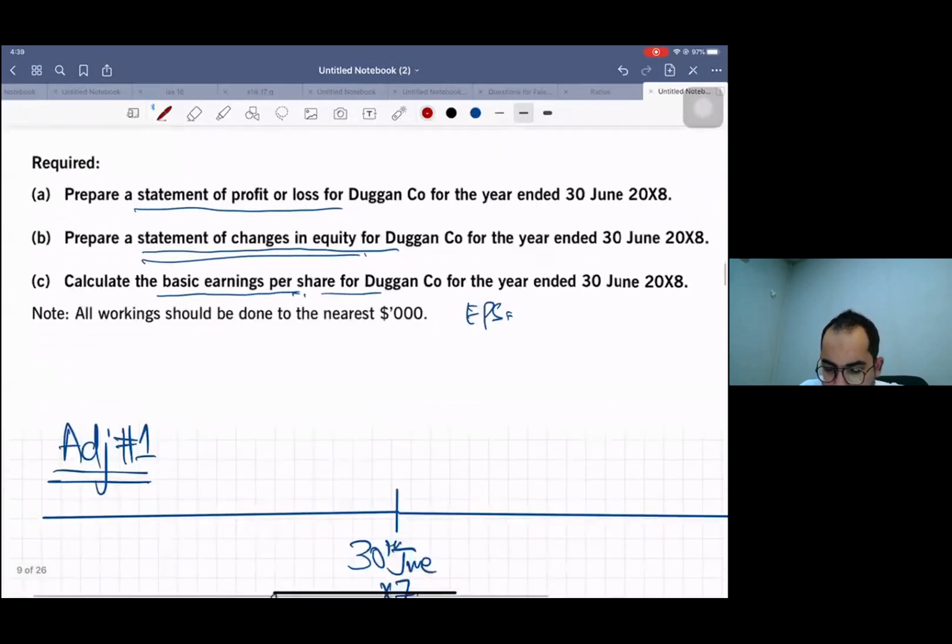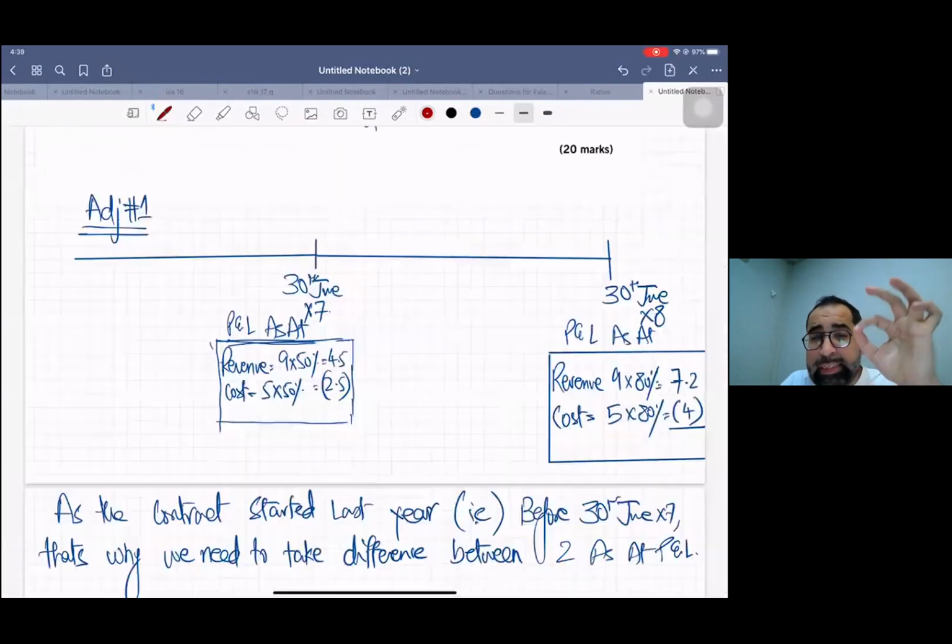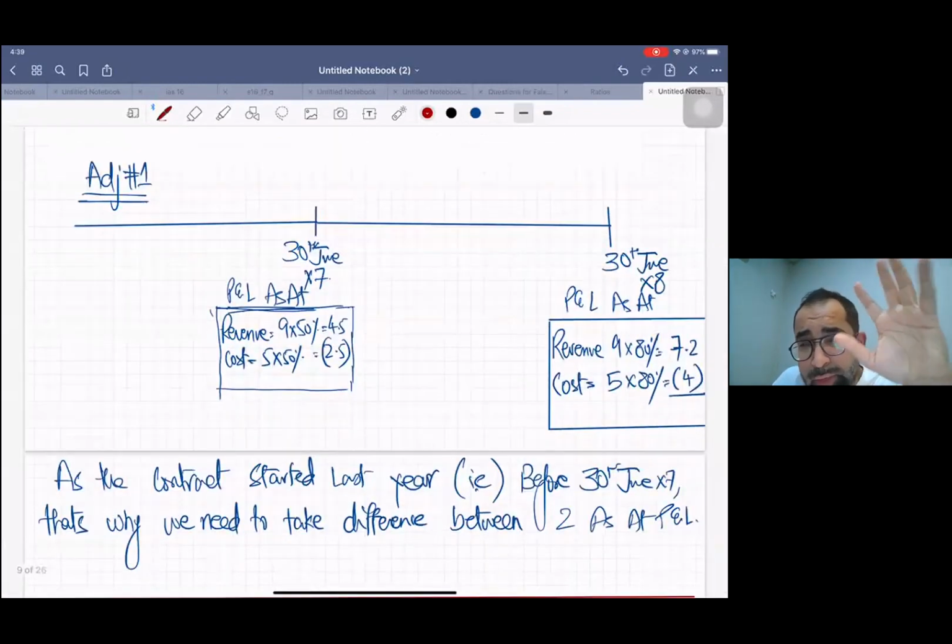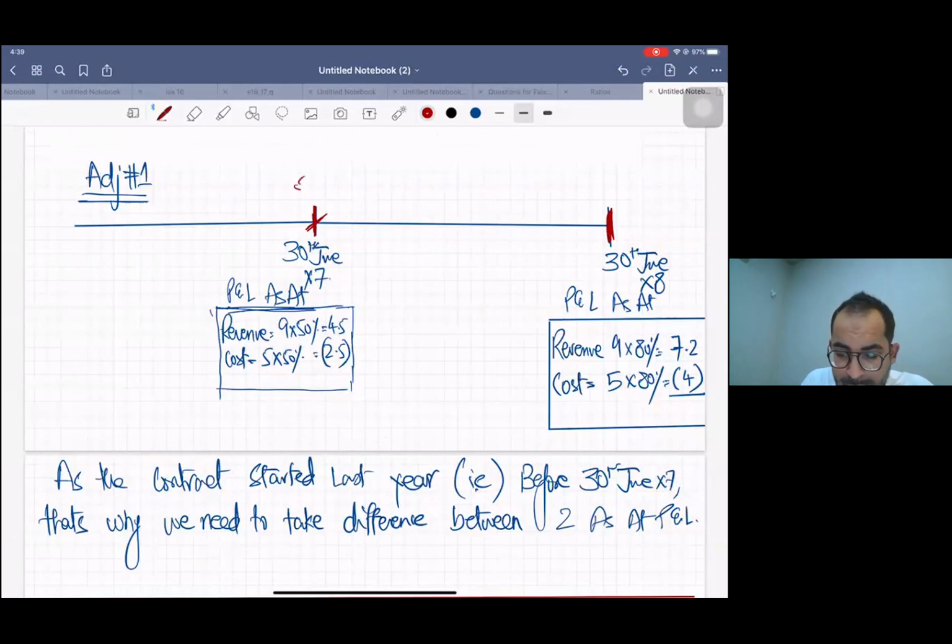Now listen, look here. I've made easy sketches for you so that you can feel that question in your mind as well. This is your accounting period, and this is last accounting period. Till last year, the SOC was 50%.